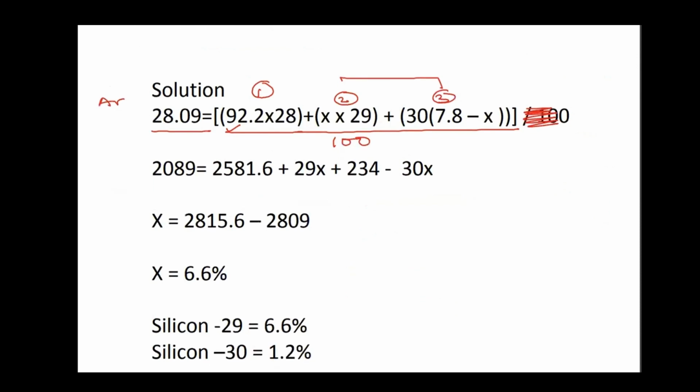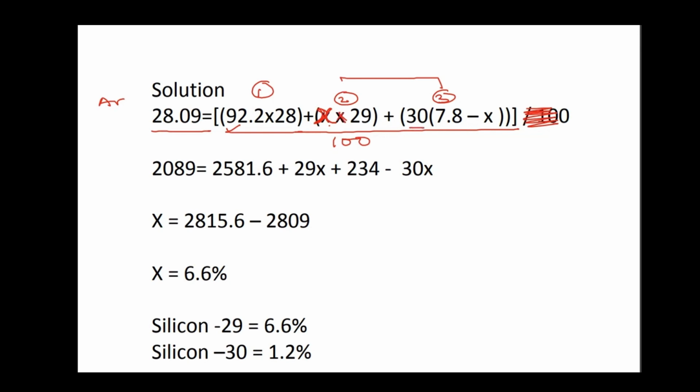Considering that the sum is 7.8, let's consider the second isotope as X, right? So we have X percentage of the second isotope. We'll multiply it by its relative isotopic mass, which is 29.